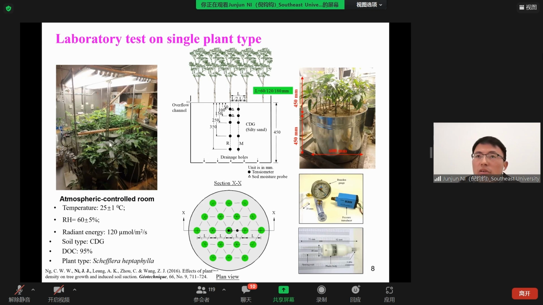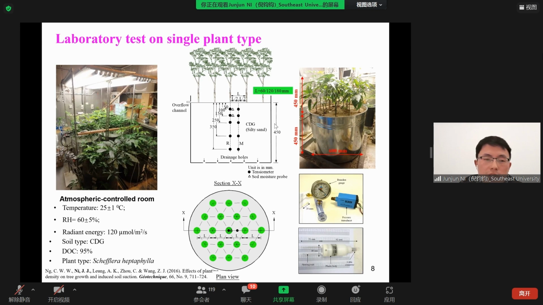We can control all 5 atmospheric parameters, such as solar radiation, temperature, etc. Then we use big columns to investigate the interactions among the atmosphere, plants, and soil: how these atmospheric parameters, soil and plant characteristics, soil hydrology, and soil shear strength interact.